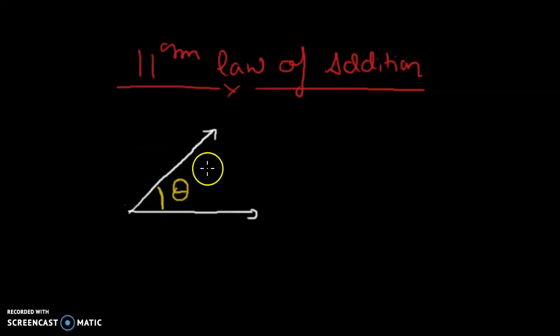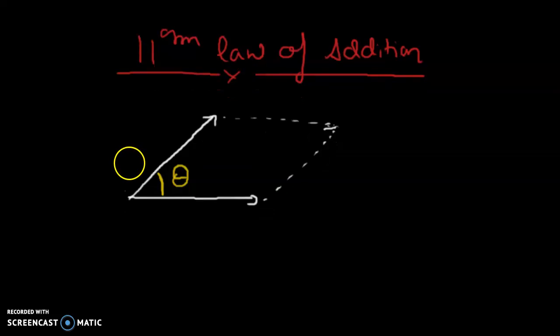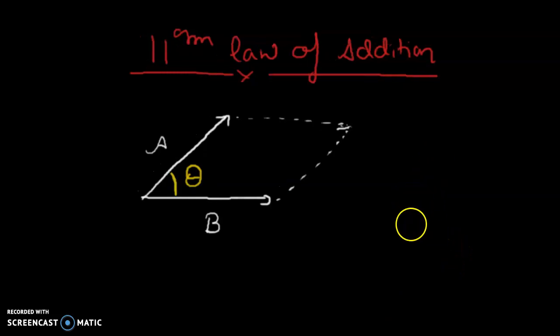Then you complete this parallelogram in this way. So this is a vector A, say for example, and this is another vector B, and you need to add those vectors, A plus B. You just represent them by the two sides of a parallelogram, enclose it and make it a parallelogram.